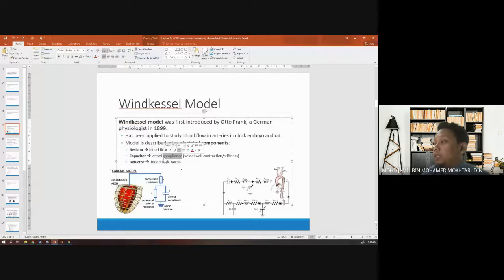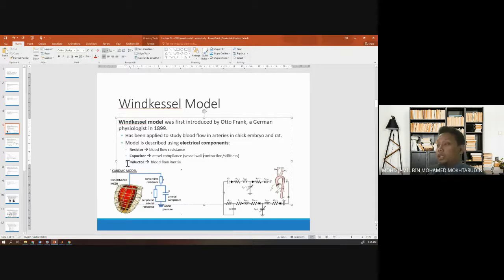Compliance means the properties of the blood vessel itself. Sometimes a blood vessel can enlarge and can constrict. Okay, it is like a rubber pipe, it can expand and contract. Depending on the pressure inside the blood vessel and also the properties of the pipe or the blood vessel. So vessel compliance basically represents the wall contraction or the stiffness of the blood vessel.